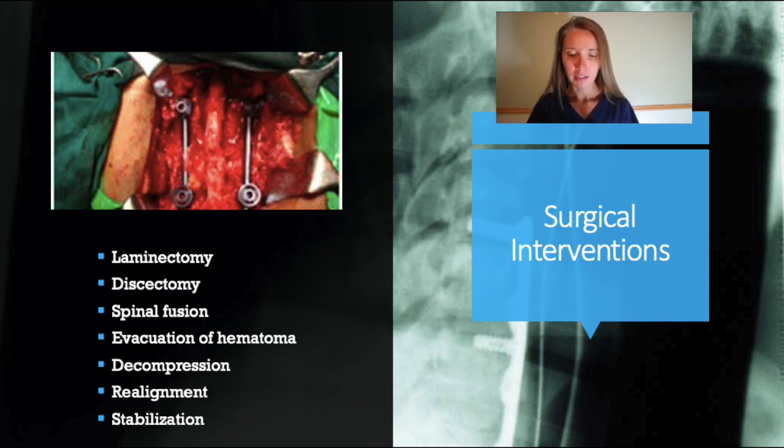A laminectomy, we can repair, we can fuse the spine. We may need to go in and evacuate a hematoma if there's excessive bleeding that's causing cord compression. We can realign the spine with nails, rods, and screws. The goal of all of these interventions is to stabilize that spine and protect that spinal cord.